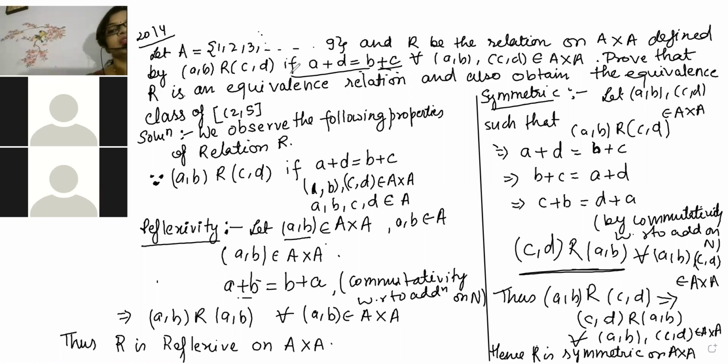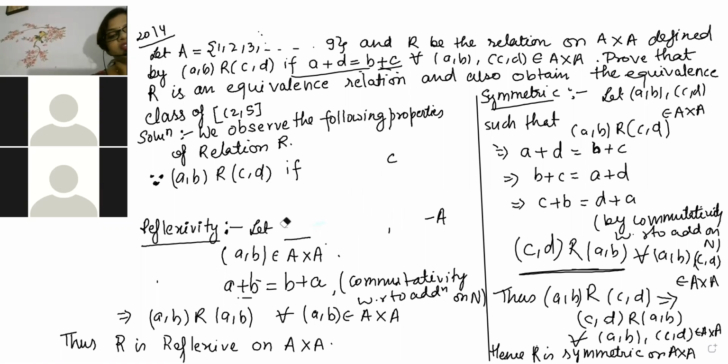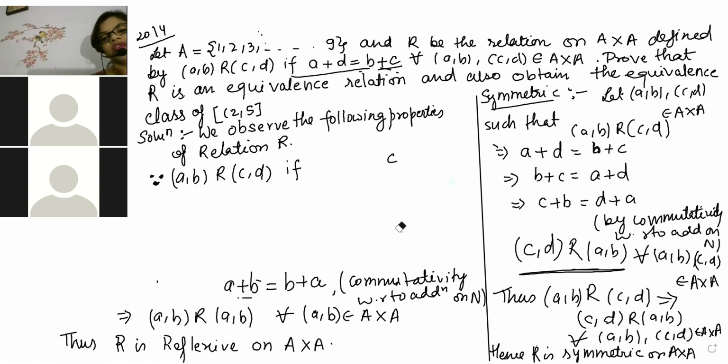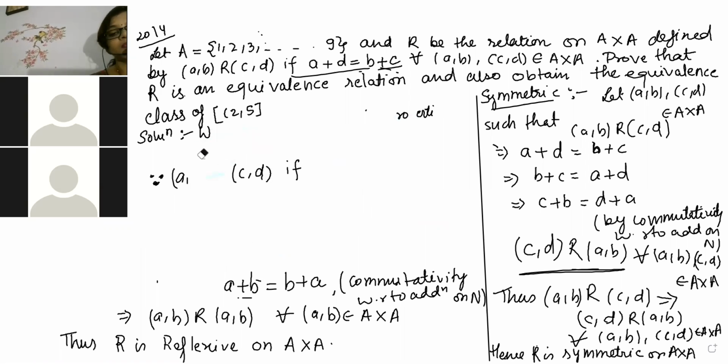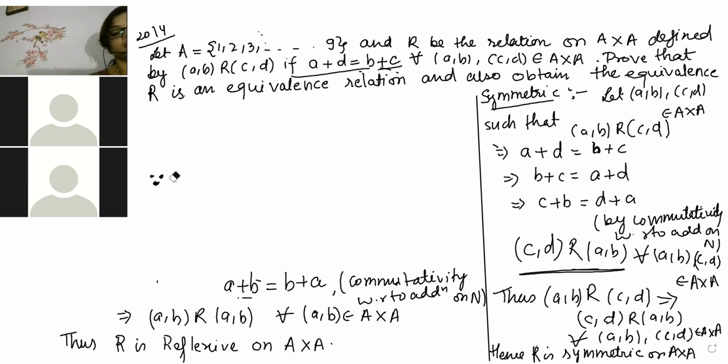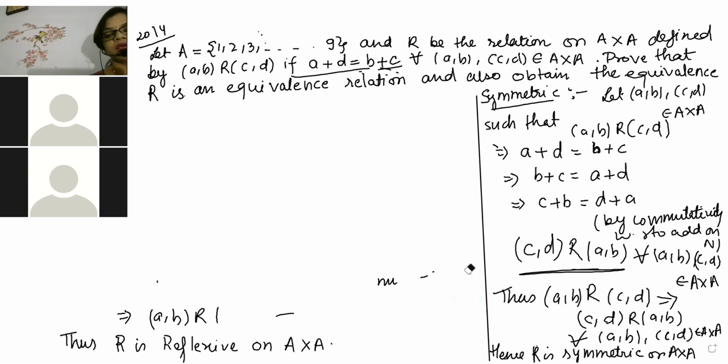Now I am erasing that previous section. Only I want to know that 2 comma 5, we have to check the equivalence relation. Fine. Now we will go for transitivity, beta. I'm not erasing the question.